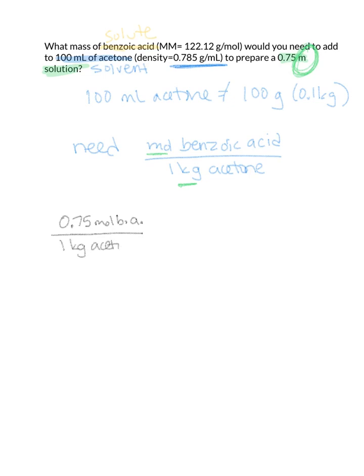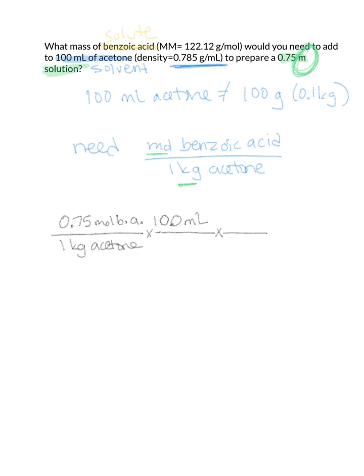That's the definition of 0.75 molal. And now I need to start thinking about what I have to get to that point where I know the kilograms of acetone. Well, I know I have 100 milliliters, and we know that the density is 0.785 grams per milliliter. So let's go ahead and multiply by the volume like we would in a molarity problem, right? There's 0.1, and actually I'm going to keep it as 100 milliliters for reasons that are going to make sense in a second, right?